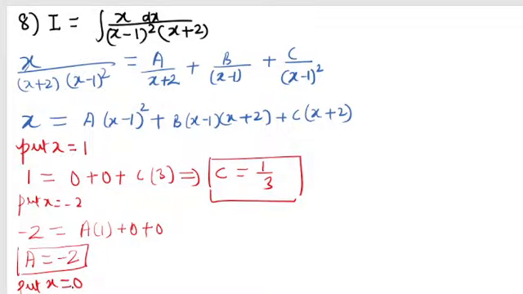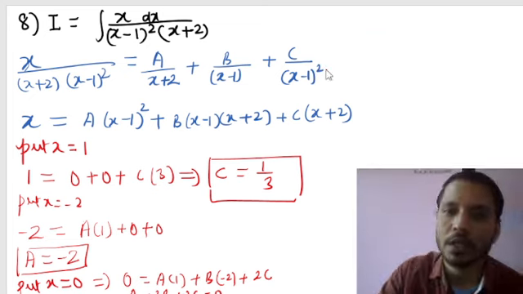Then 0 is equal to A into minus 1 whole square, which is 1, and B into 0 minus 1 plus 2, it is minus 2, and C into 2, that is 2C. That means we are getting A minus 2B plus 2C is equal to 0, and already we know the values of A and C.